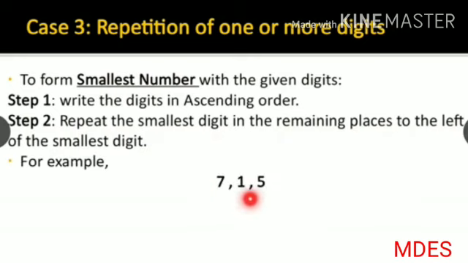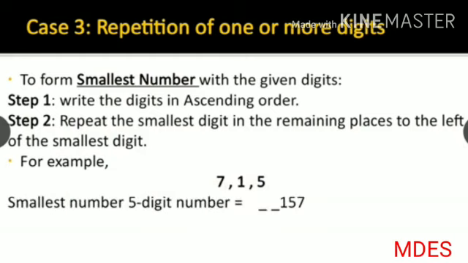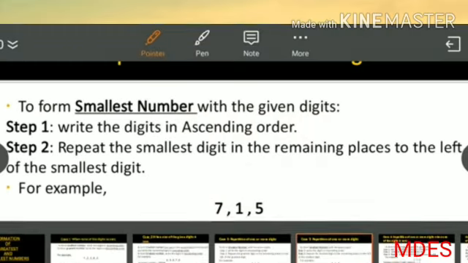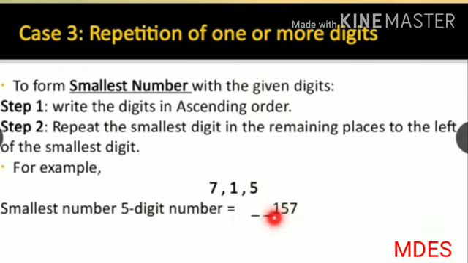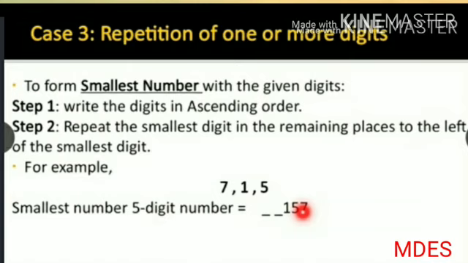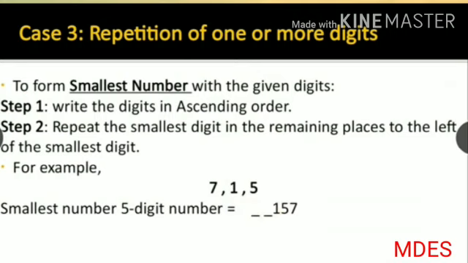Here we have 3 digits, 7, 1, 5, and now make the smallest 5-digit number, which means we have to fill 5 places. First of all, arrange these digits in ascending order: 1, 5, 7. The smallest digit here is 1, so fill the remaining places towards the left of this smallest digit with the smallest digit only.